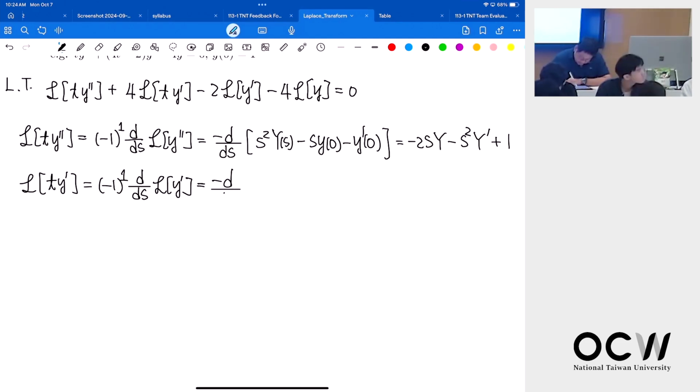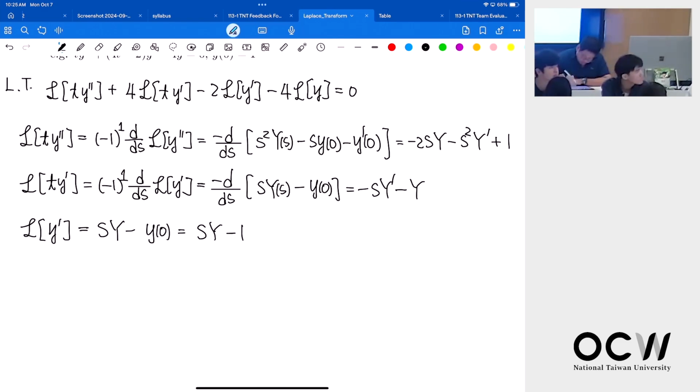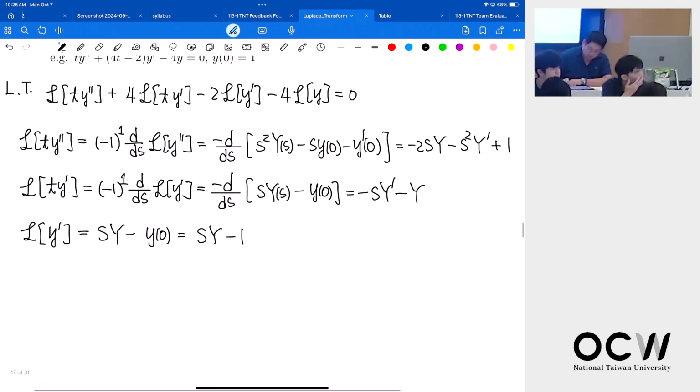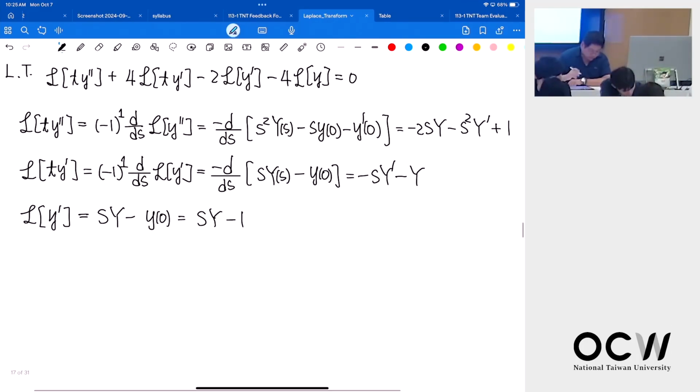That gives you s y of s minus y of 0, minus s y prime minus y. And the Laplace transform of y prime is s y minus y at time 0, so s y minus 1. Therefore, I can change the original differential equation into the Laplace form.